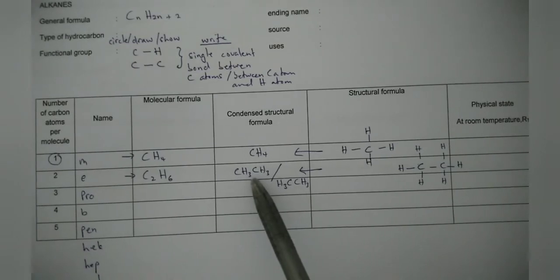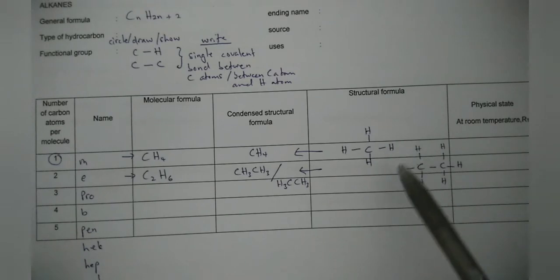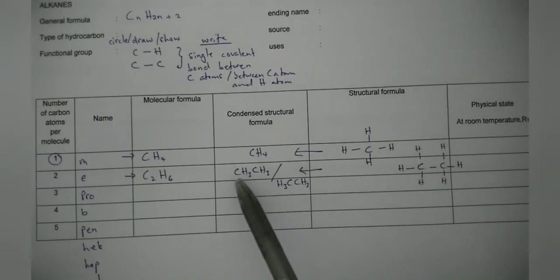How do we get the condensed structural formula? For the condensed structural formula, we can refer to the structural formula. Carbon number 1 here shares with 3 hydrogen atoms, so we can write CH3.